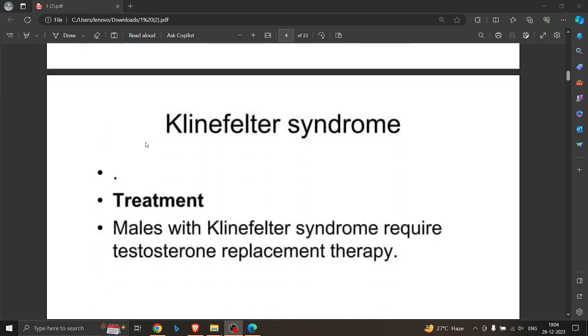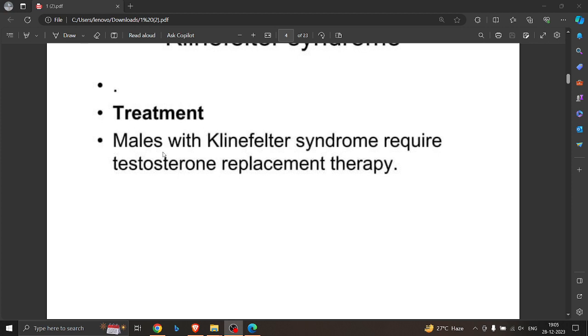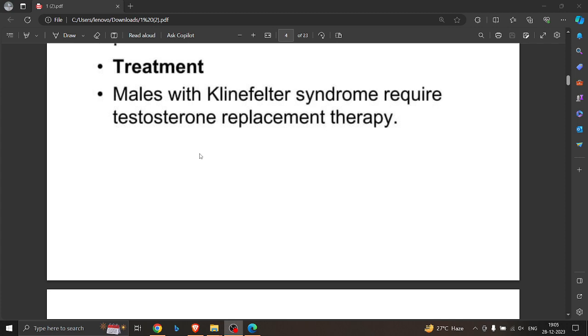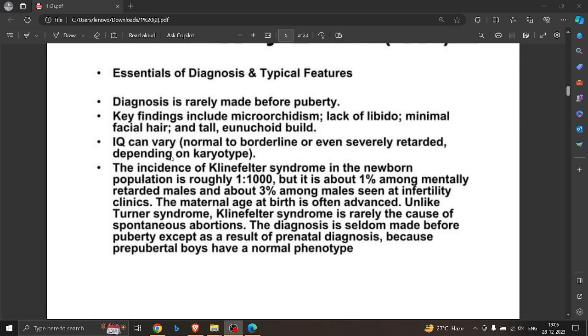Coming to the next syndrome, Klinefelter syndrome. Males with Klinefelter syndrome require testosterone replacement therapy as the testes are smaller in size.